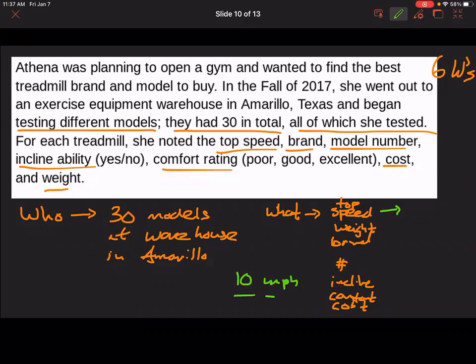That's a number with units, so it is quantitative. Then weight would be like, is it 80 pounds, 250 pounds, and so on. Those would be numbers with units, so also quantitative.